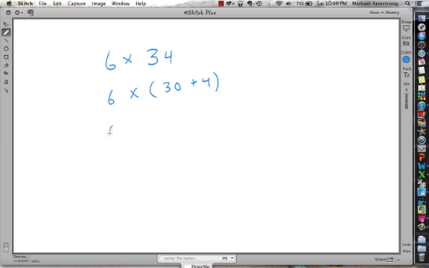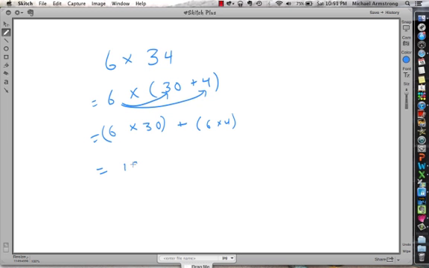Here's the tricky part. 6 times 30, that's 6 times this first one, plus, bring down the addition, 6 times the second one, 6 times 4, should be my answer. So 6 times 34 is the same as 6 times 30 plus 4. It's the same as 6 times 30 plus 6 times 4.